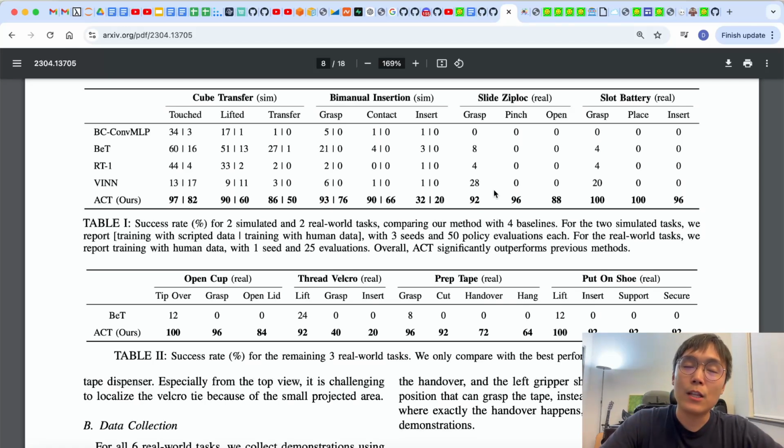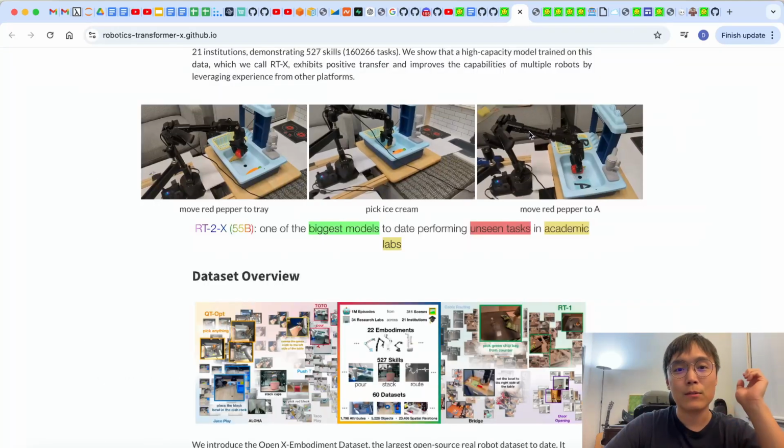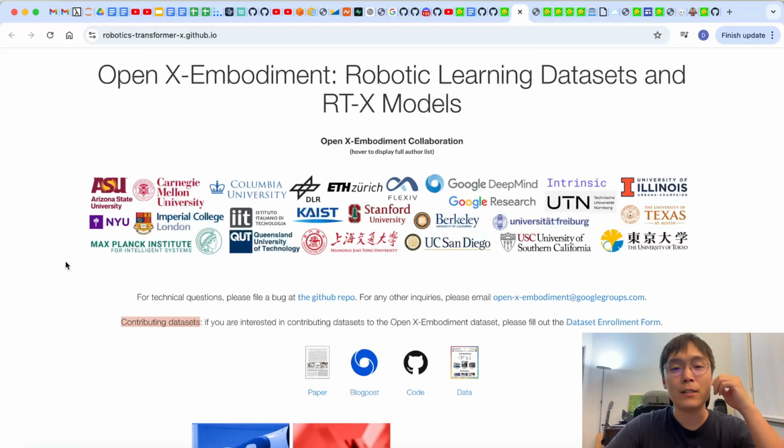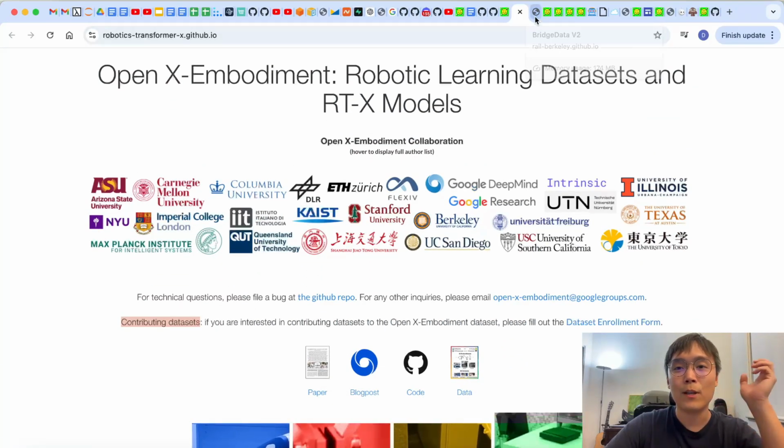So in terms of the data part, people started to accumulate a lot of data on robotics within about 1 year, I think. This one is one example, OpenX embodiment, from all these institutions that collect the data all together.